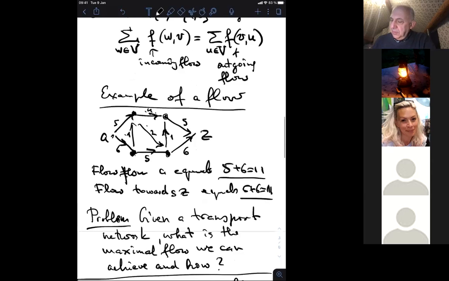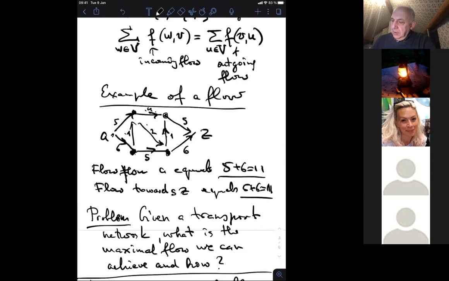For example, if we look here at my example of the flow and take the following cut like this, so we separate these three vertices. This would be my P, and this would be my P complement.